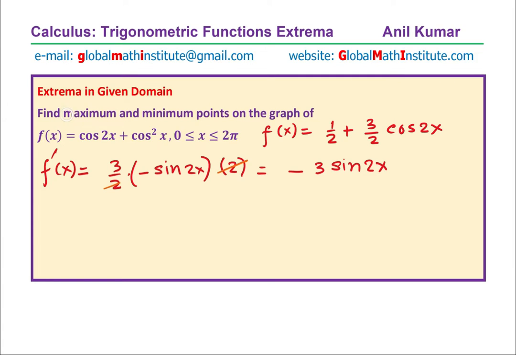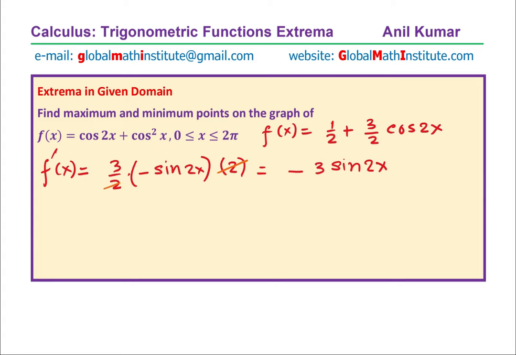Now the question is, find maximum and minimum points on the graph. So first derivative will actually give you critical numbers, right? We should also find the second derivative. And we are going to identify whether the critical numbers are maximum or minimum using the second derivative. So that is going to be our approach. Okay.